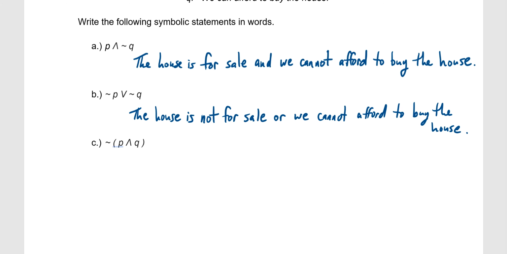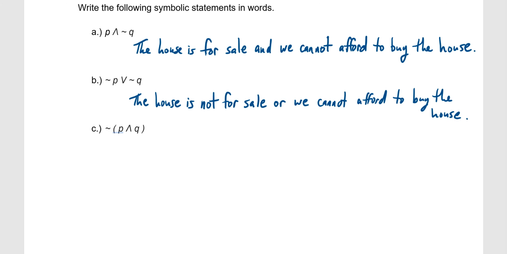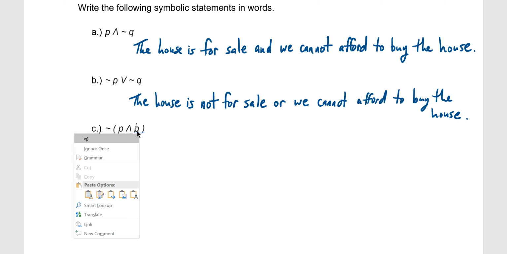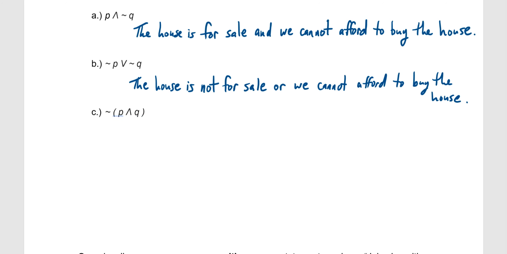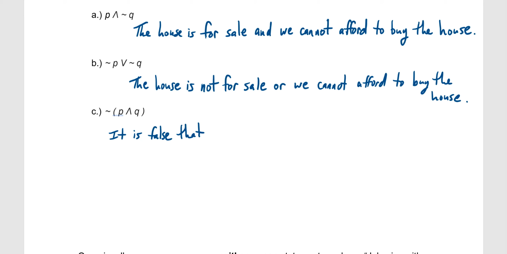And the last one, we have the negation of the statement P and Q. This is what we mentioned before. We're going to say it is false that, and then the statement for P and Q. We start with that negation out front, since it's in front of parentheses.